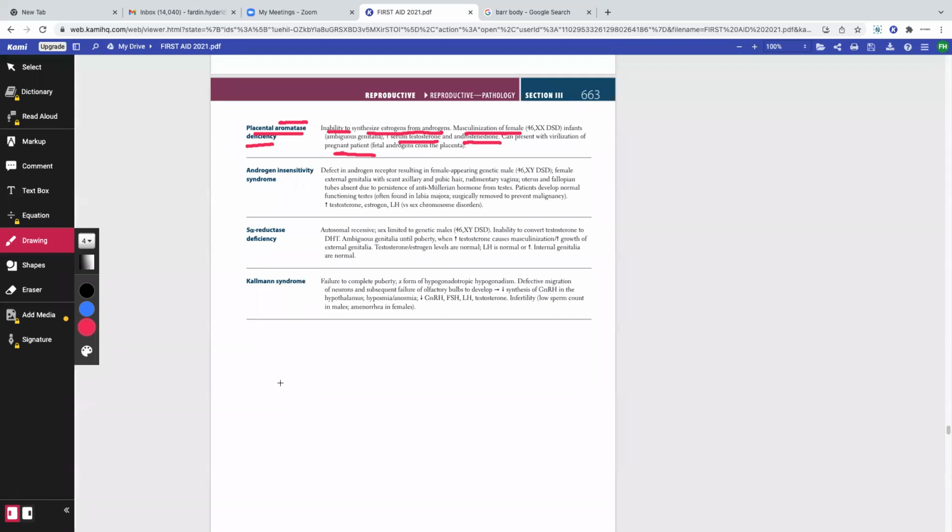Yes or no? Fast answer, please. The answer is yes. From all of the production of testosterone in the male child, isn't there a possibility that a small amount of testosterone can cross the placenta and enter into the maternal circulation? The answer is yes. So in a normal female, what happens is that the placenta has aromatase.